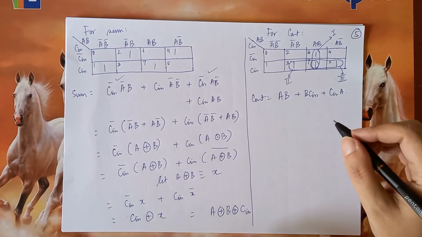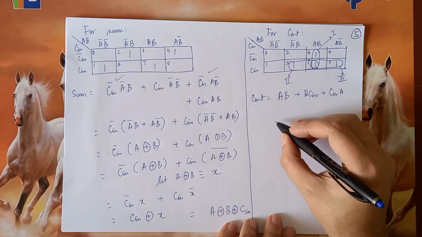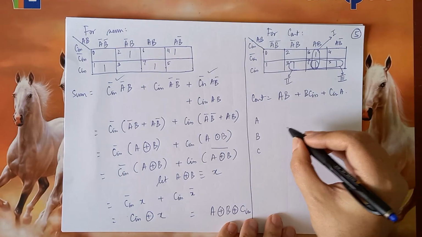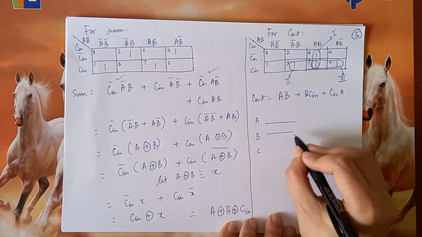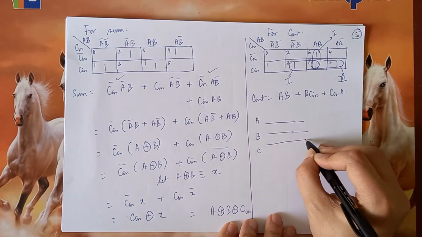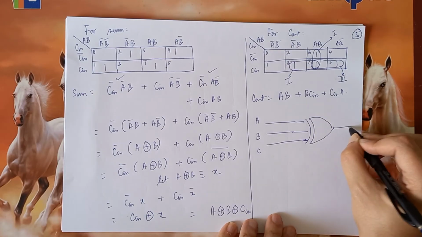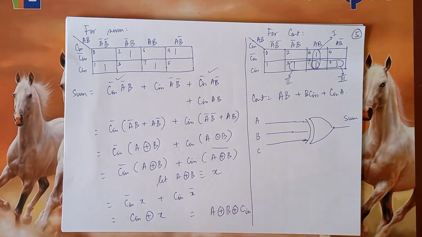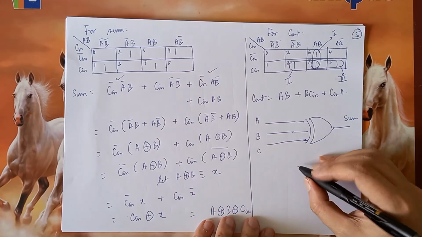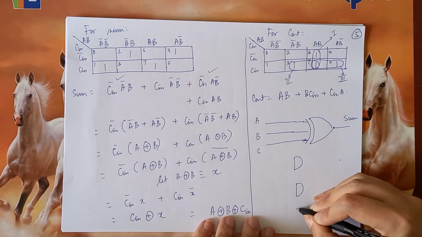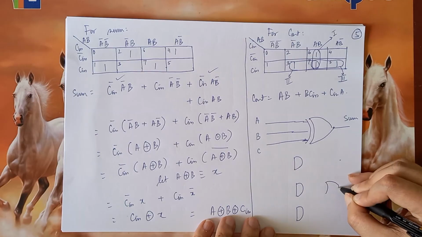So effectively what happens is that if you were to represent them in the form of a logic diagram, you will need a 3-input XOR gate to get sum. But for C out, let us say we are trying to do them using basic gates, you will need 3 AND gates and 1 OR gate.